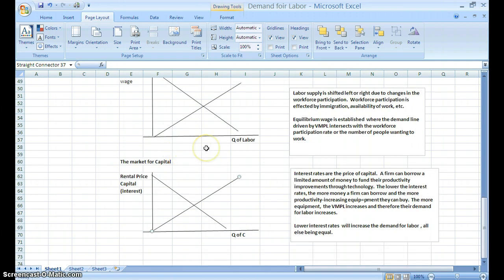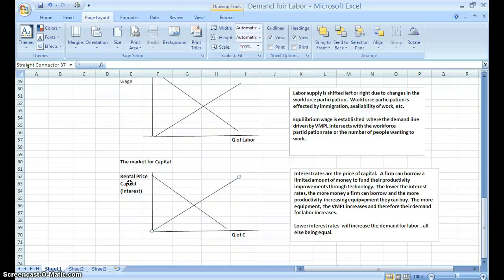Now, how does the capital get involved in this? Well, interest rates are the price of capital. In other words, in the text they describe the rental price of capital. Well, the rental price of capital is the interest rate. So when the interest rates are low, it's going to be easier for me to go borrow money to buy some labor-saving equipment, some productivity improvement type equipment.